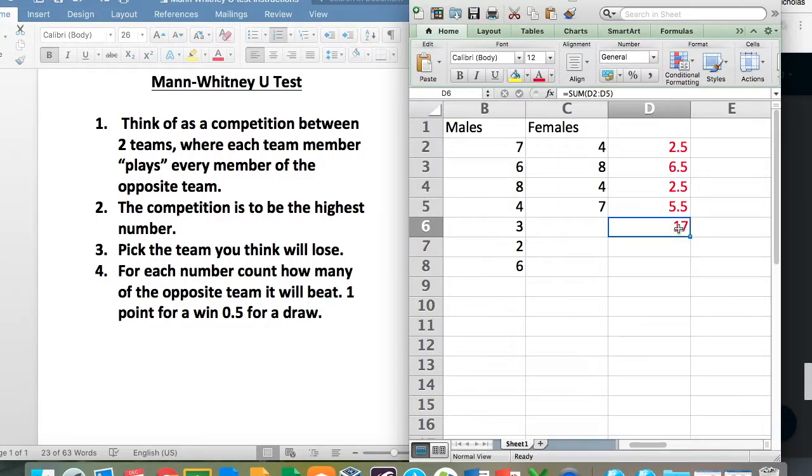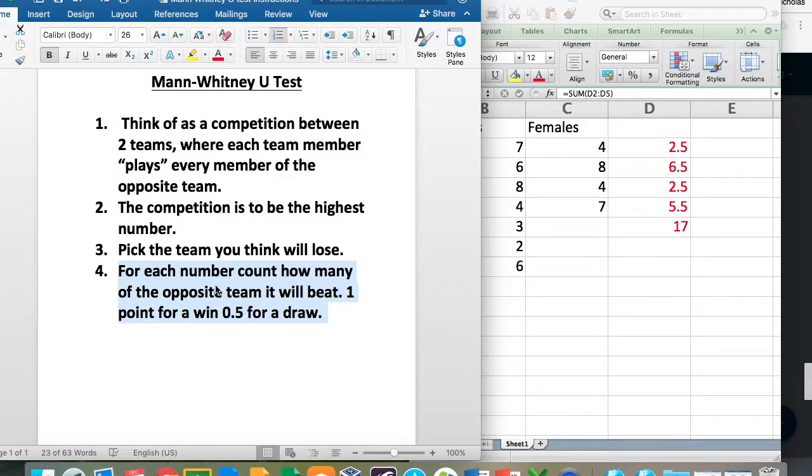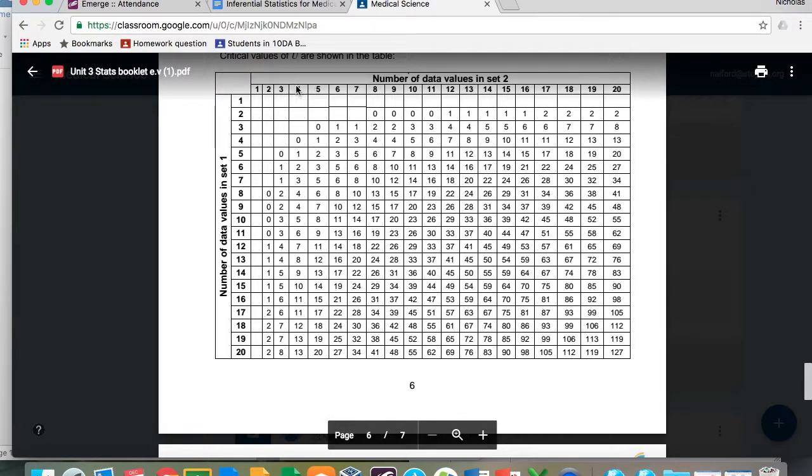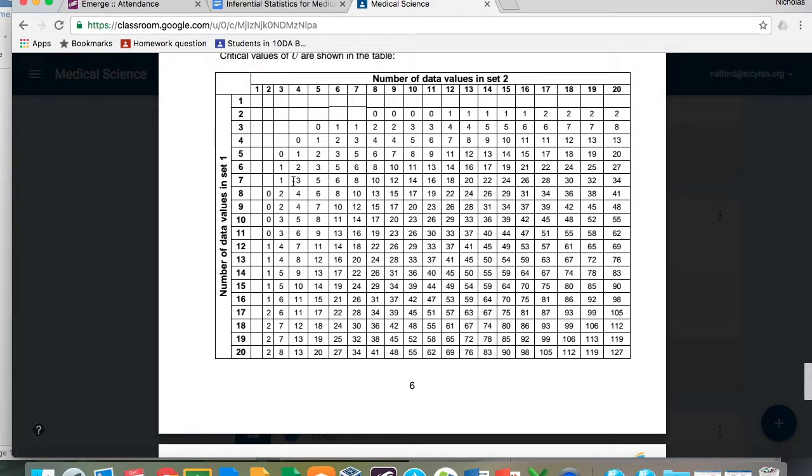And what we need to look at is in the table, we add up all the wins, and we look at the team members. So in this team I've got 1, 2, 3, 4, and this team I've got 1, 2, 3, 4, 5, 6, 7. So if we go back to the spreadsheet, then we've got 4 here in set 2, we've got 7 here, and our critical number is 3.